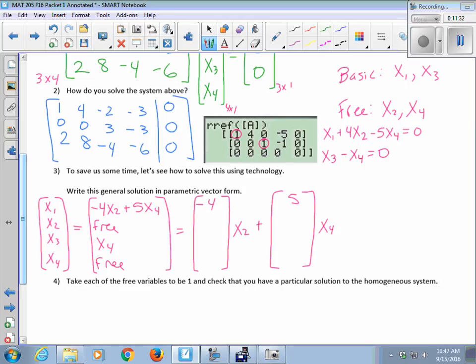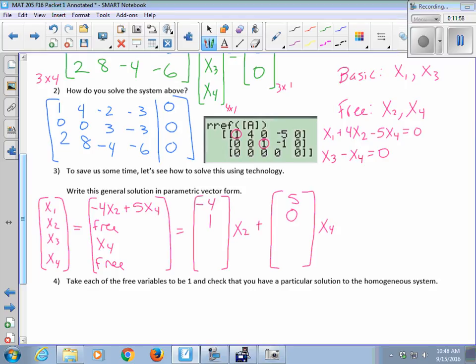Does everybody see that? Okay, so in my free position, my x2 is free. So what I'm going to do here is I'm going to put a 1 in the x2 column and a 0 in the x4 column. So instead of writing free, you just write x2. All right, so then in my x3 position, I have an x4.